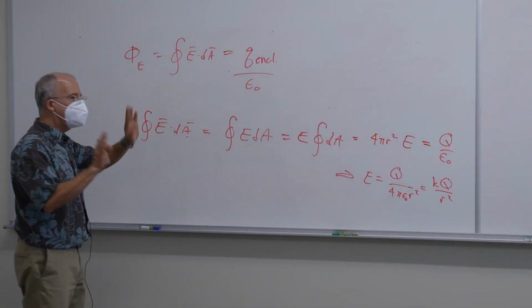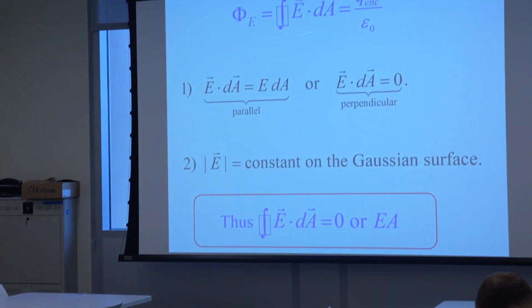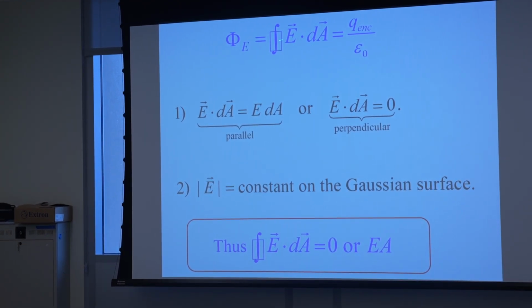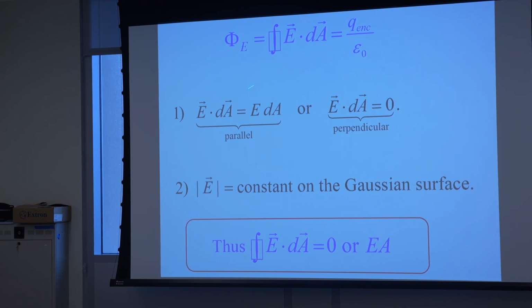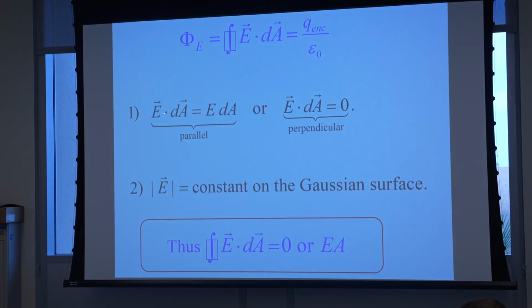Okay, so again, here's the key. Here's Gauss's law. We will always choose the surface so that the E and the dA are either parallel or perpendicular. Therefore, the only answers are going to be E dot dA is E dA or 0.